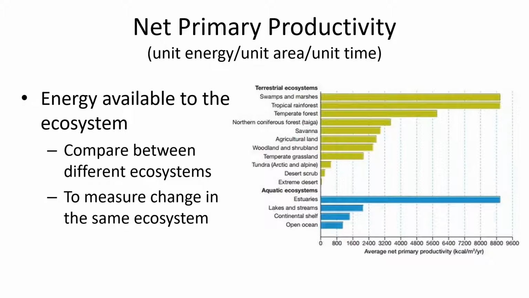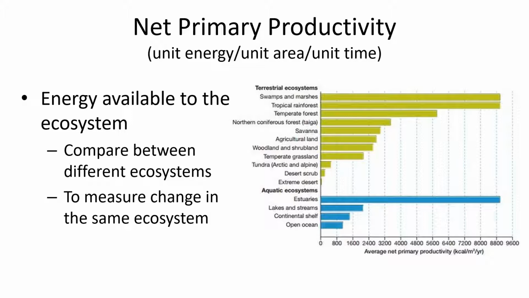One thing I really want to point out here is on the bottom, you can see that the open ocean and also the continental shelf is actually relatively not that productive. What, you say? How can that be? I thought the coral reefs were the tropical rainforests of the ocean. And yes, they are. But I want you to think about area and how much productivity is happening in the area, and how tiny phytoplankton are.